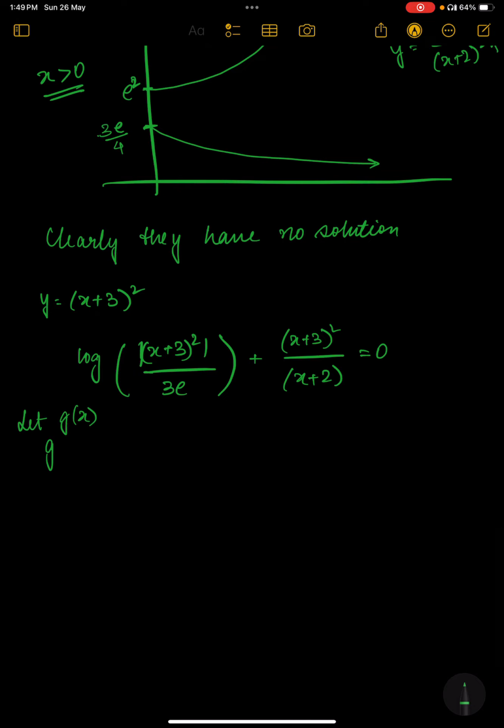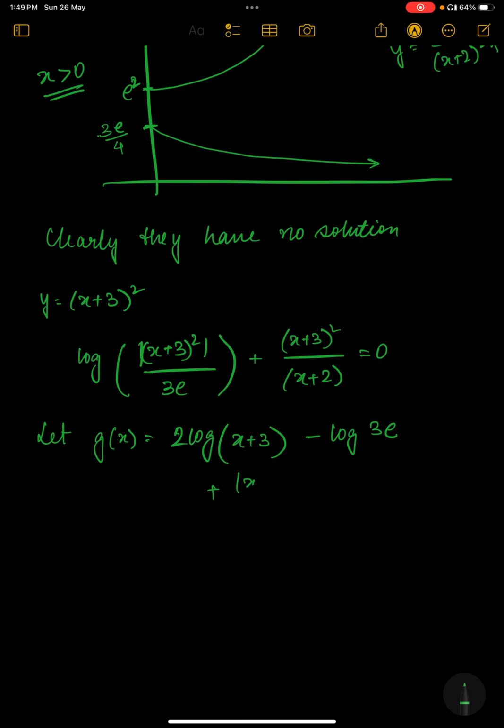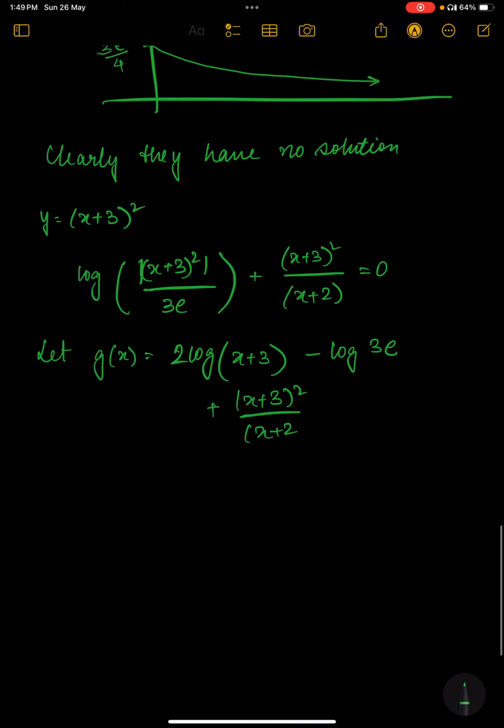Let g of x, let me write this down, let g of x be equal to 2 log, and since x plus 3 whole square will always be positive, I'll simply remove the mod and take the square and bring it in front using the properties of log, minus log 3e plus x plus 3 whole square by x plus 2. This is my expression. So g of x is this.